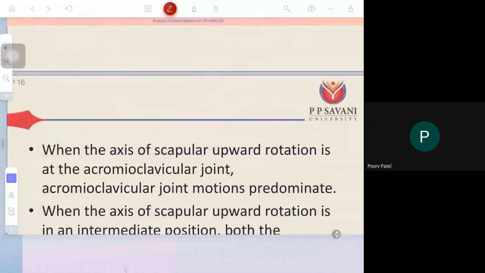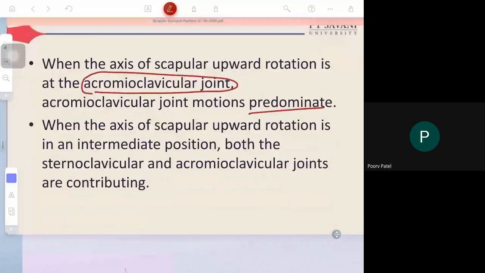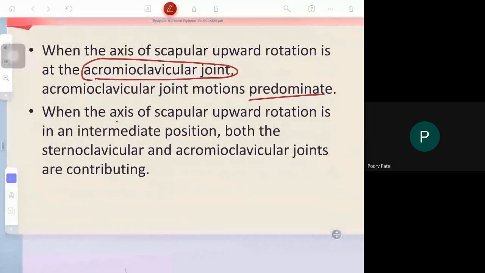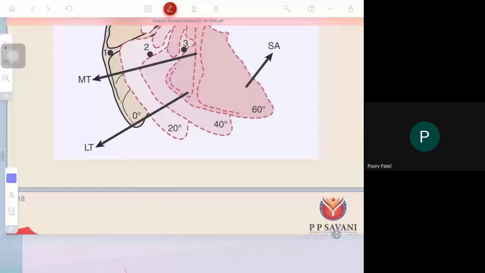Now, when the axis of rotation is at the acromioclavicular joint, then acromioclavicular joint motion predominates. That is upward rotation, it occurs in the acromioclavicular joint. Clear?